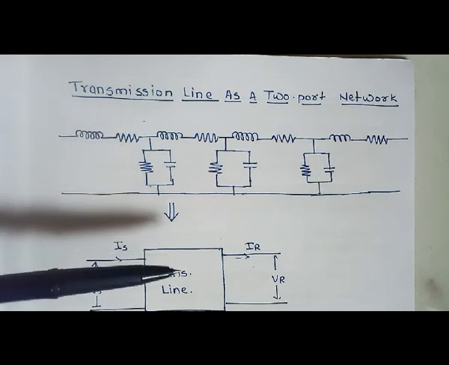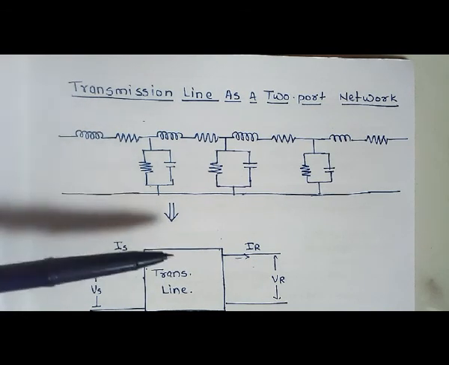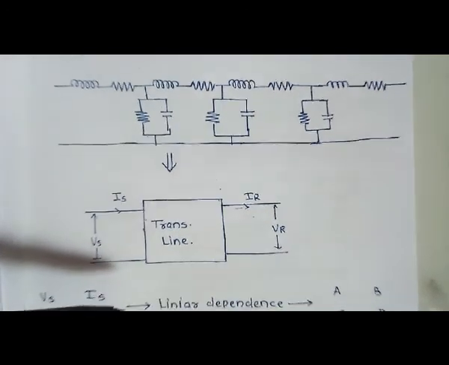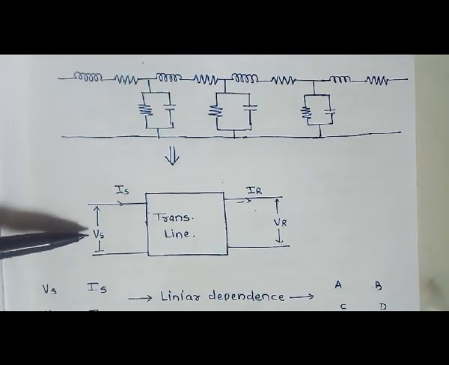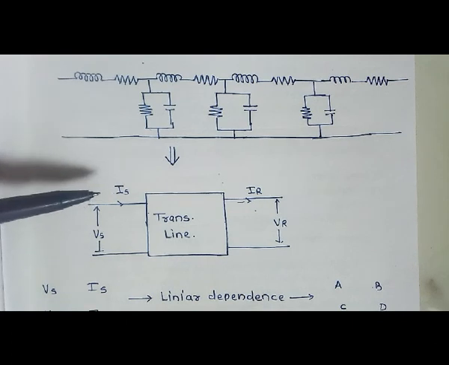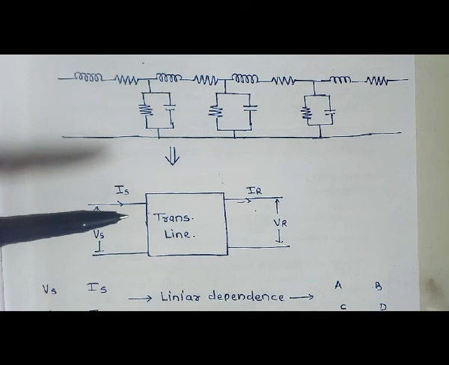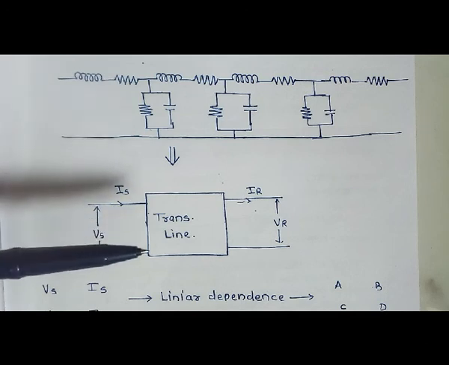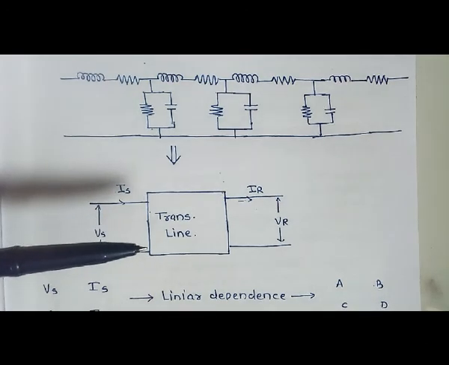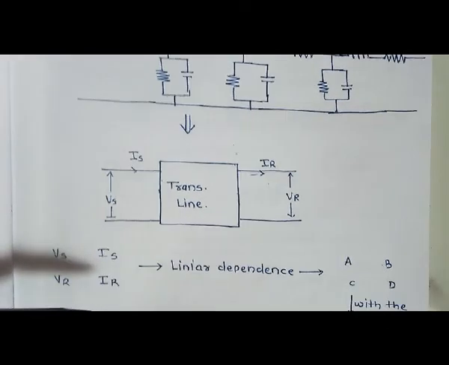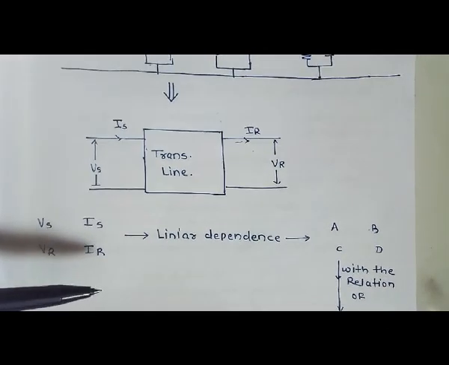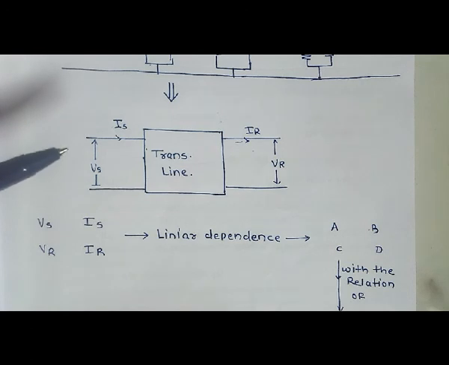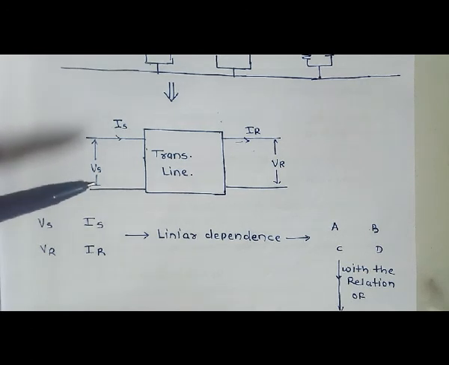Now if we consider this transmission line as a black box, all four parameters will be considered as a circuit, and that circuit will be a black box. Then we can draw the same circuit like this, where we have the generation voltage or sending end busbar voltage, and the receiving end current and receiving end voltage. We will have these four parameters and we can observe they are dependent on each other.